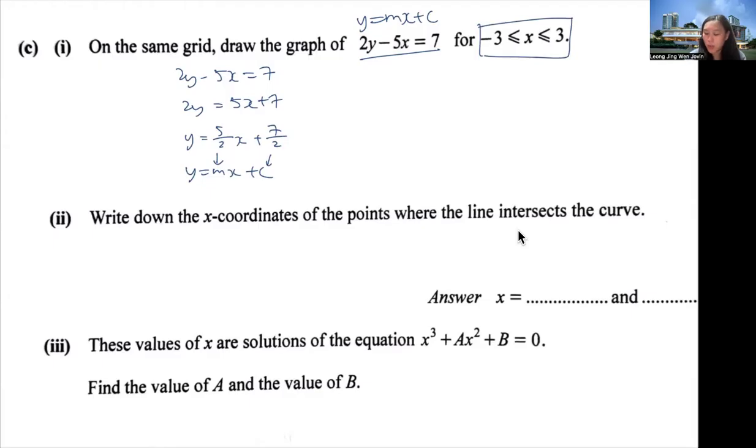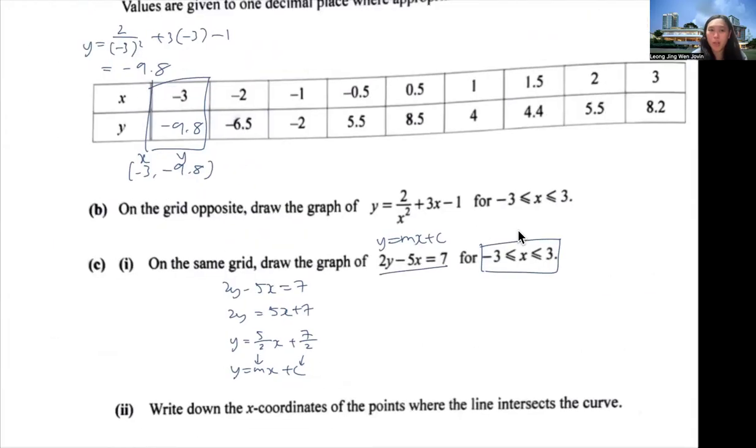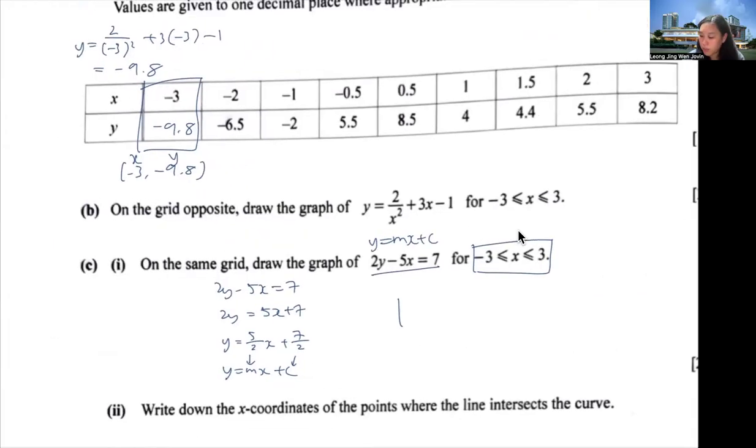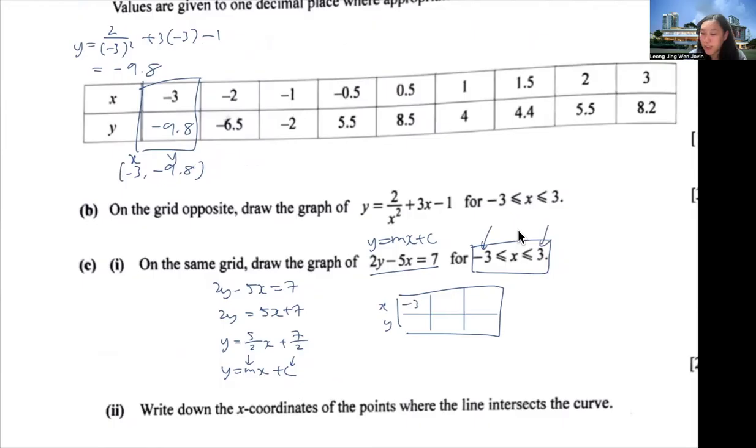So I'll do the same thing as they did before, a table of x and y, but I don't need a lot of numbers. I just need a minimum of 3 numbers to make this work. Let's use the very end and the very end: minus 3 will be my starting point, 3 could be my end point, and in between will just be 0.